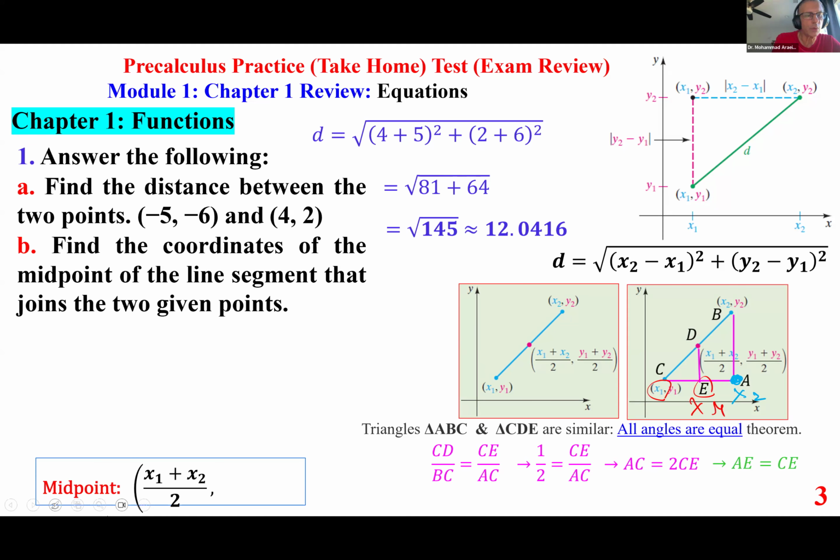And so this one is x sub 1. So AE is x sub 2 minus x sub m.